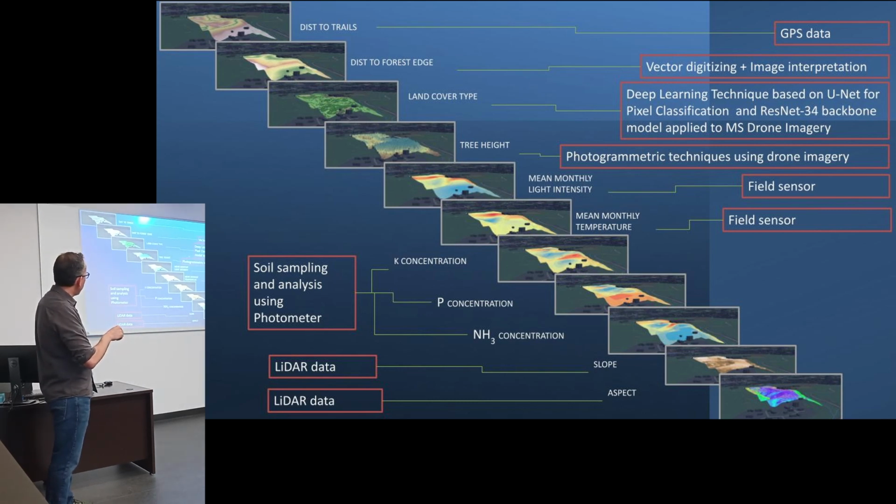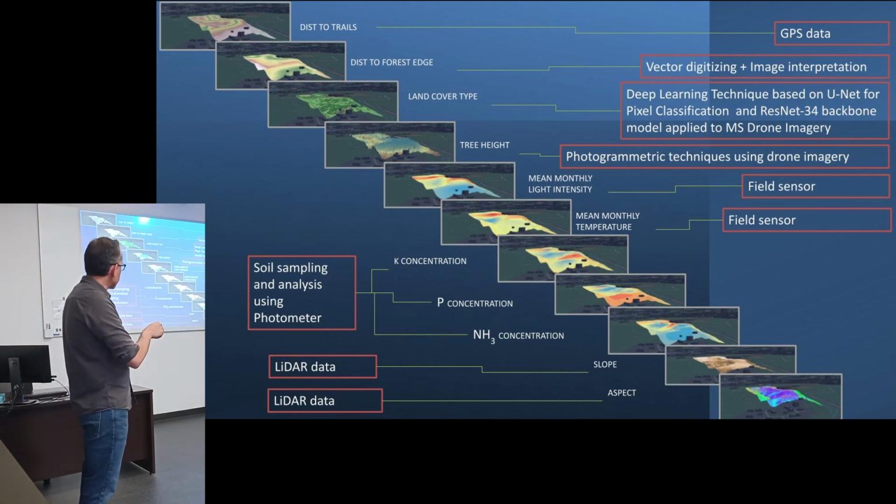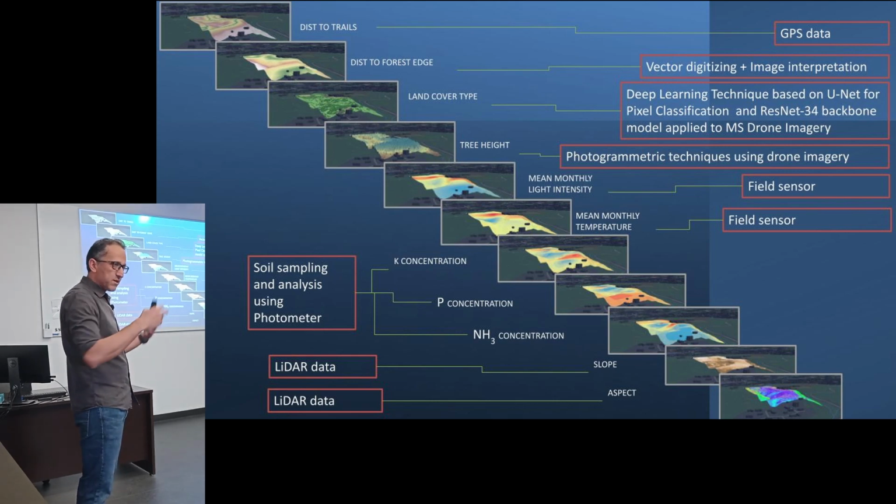Another important connection with artificial intelligence is the methods that we use to classify our drone imagery. We use libraries that are specifically designed to work with raster data, with pixel data, and they provide really good results with very high accuracies as well. I just wanted to mention that.